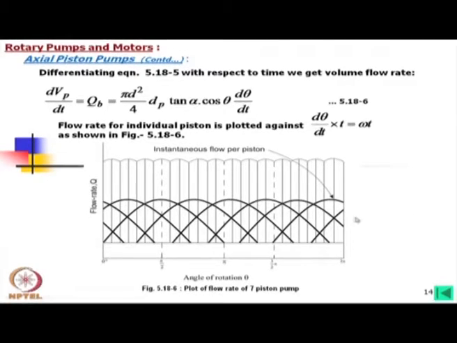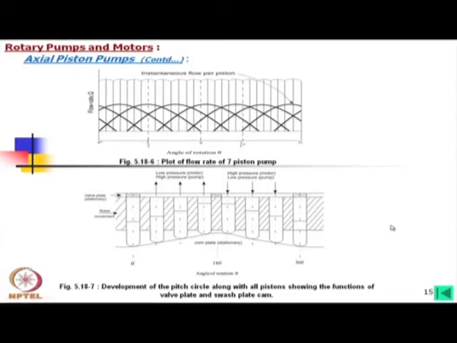Last lecture I described this, but here also we can see the ripples, and the flow rate of each individual piston is plotted against this. This is omega t, so in this direction omega t is equal to theta, and this is the flow rate.